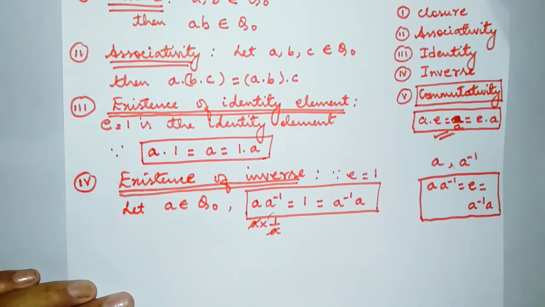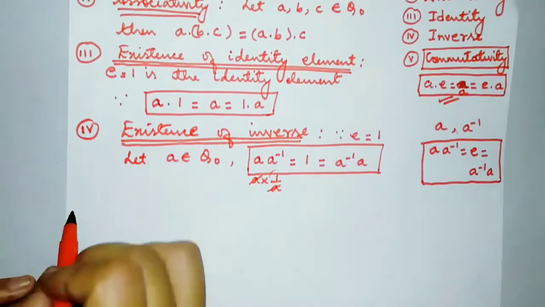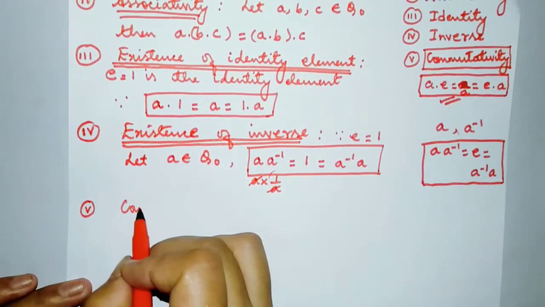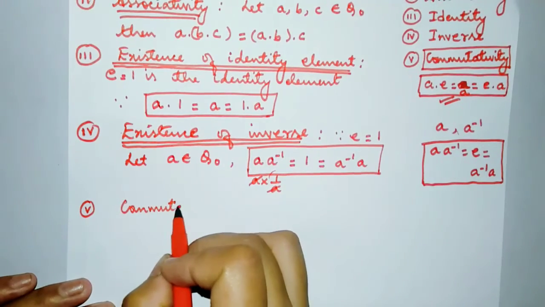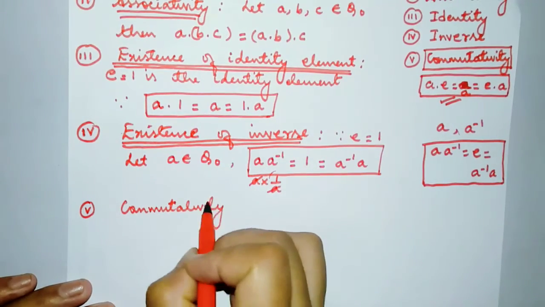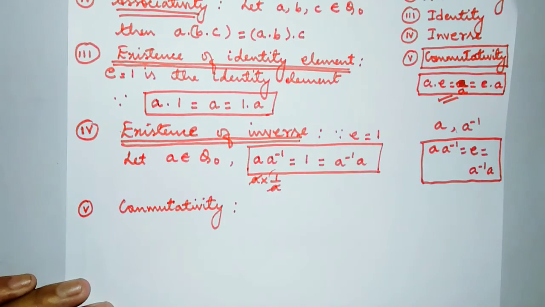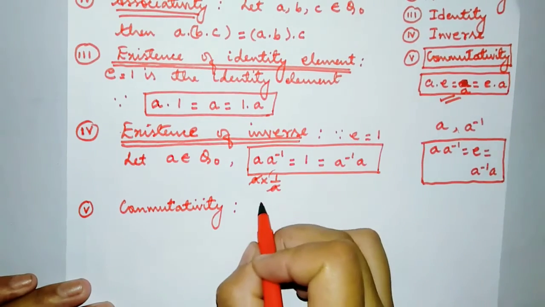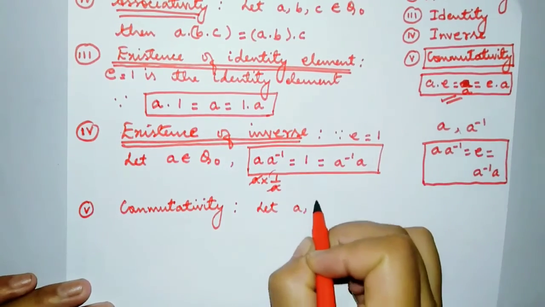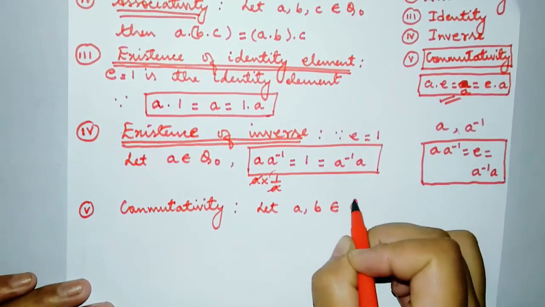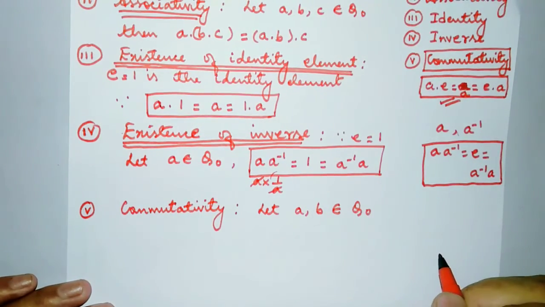Now, the last one is we have to check for the commutativity. Here we have to take two elements, let's say A and B, from the set of non-zero rational numbers.